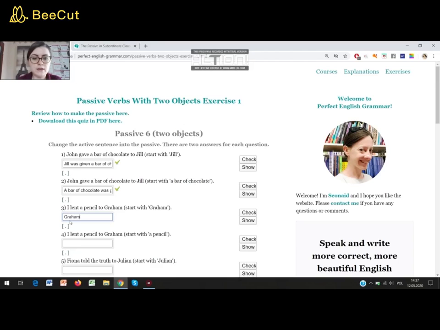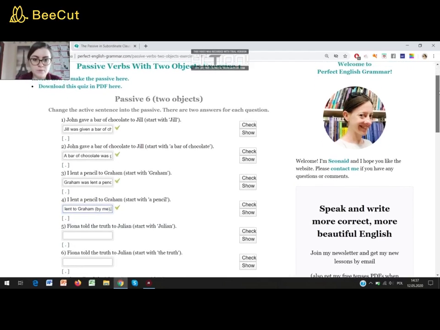So Graham was lent a pencil, and we can add by me in brackets, but it's not needed here. The next one, I lent a pencil to Graham. We should start with a pencil. So a pencil was lent to Graham, and again by me in brackets, and maybe 2 more just to have both versions, both answers written.